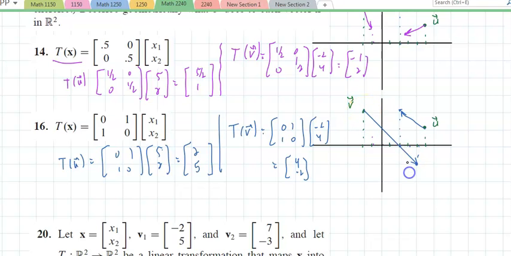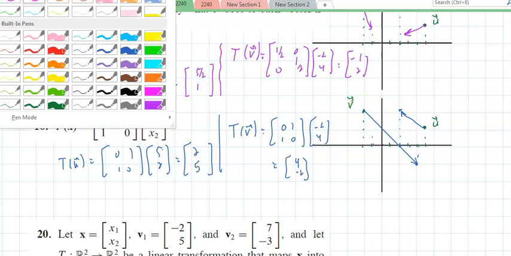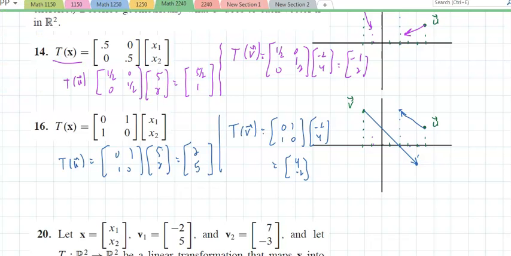That's the map. And if you look closely, this is a reflection, and the other shrinking it by 2 and reversing the order. You just need to see it geometrically.